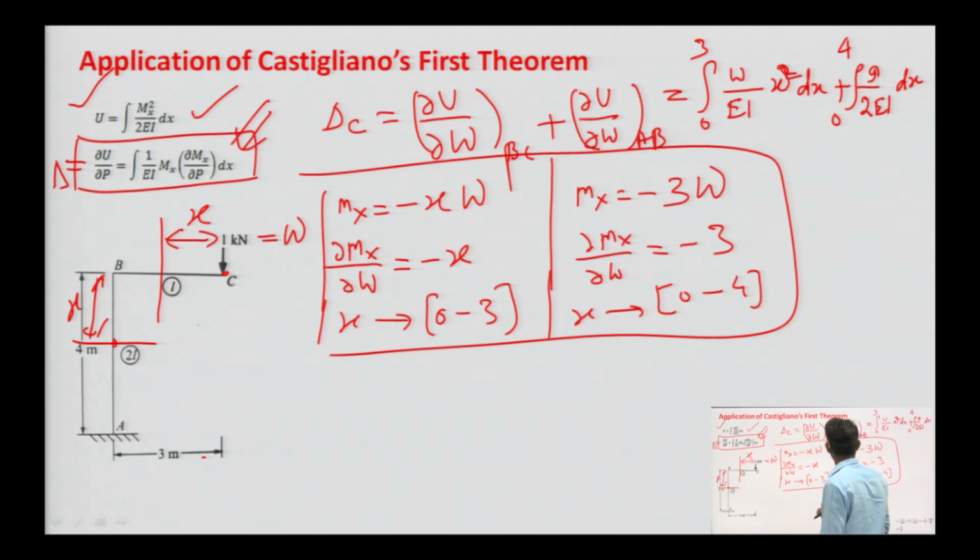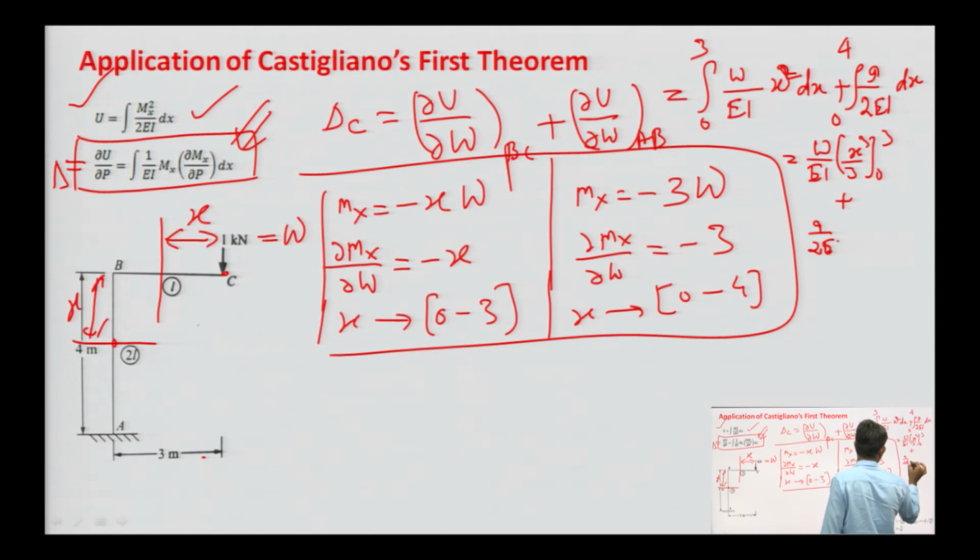Okay. So, this is the value. So, let us integrate this. It is equal to W by E I into x cube by 3, 0 to 3, plus 9 upon 2 E I x, limit 0 to 4.